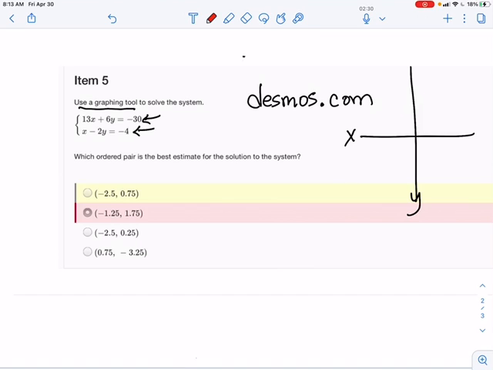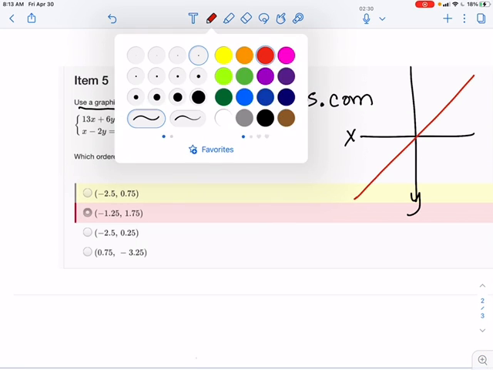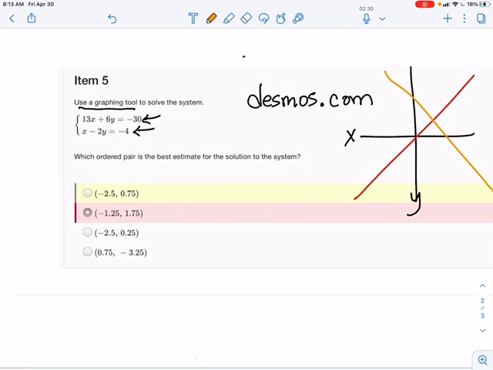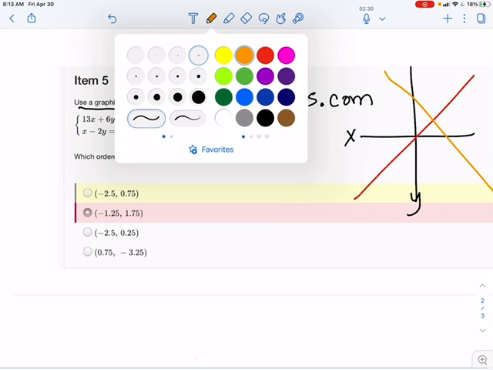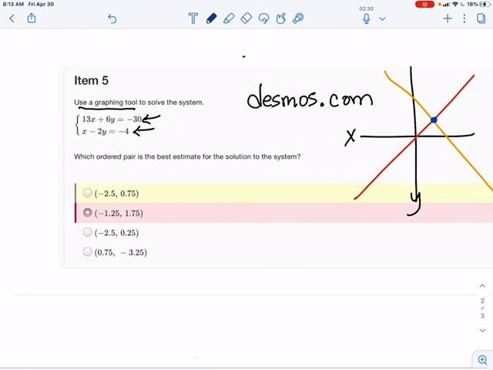I'm just showing you what a solution would mean. Because you're going to have two lines here with two equations, also called functions, where they intersect right here, that's called the solution.